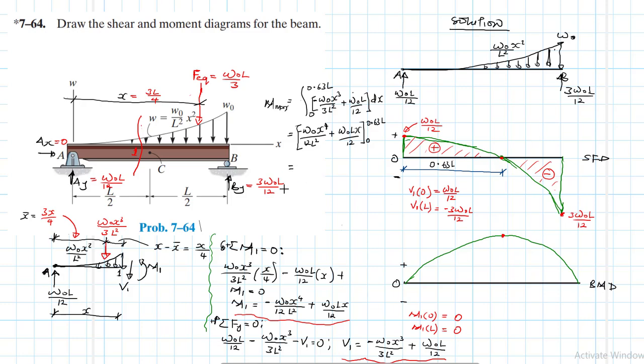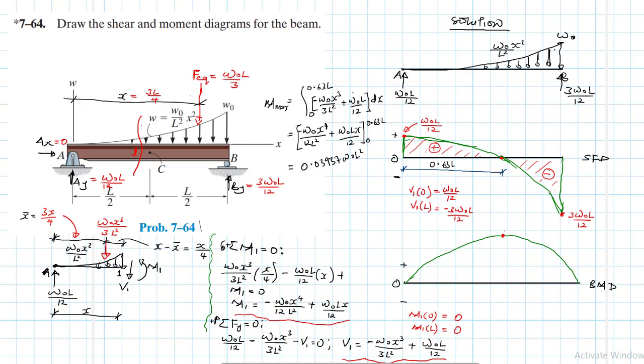So if we did the calculation for this one, let's do that. We have minus 0.63 to the power 4 divided by 12 plus 0.63 divided by 4. So we have 0.03937 W naught L squared. Let's write it down.